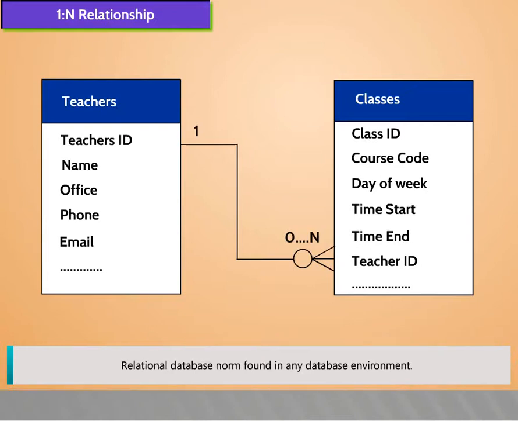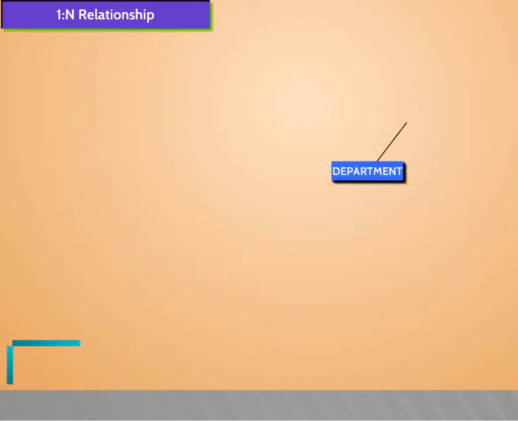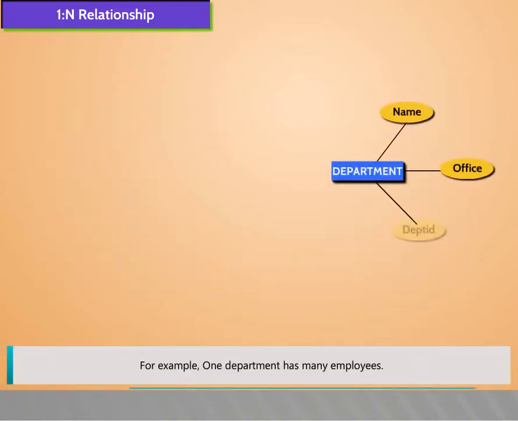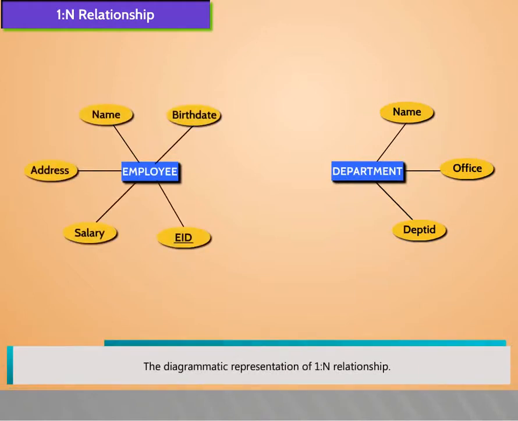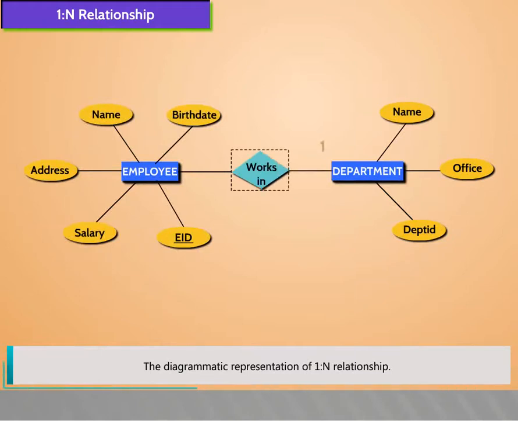Relational database norm found in any database environment. For example, one department has many employees. The diagrammatic representation of 1:N relationship.